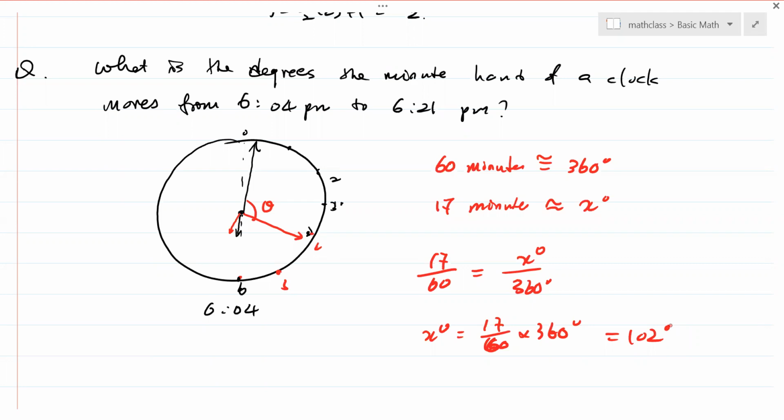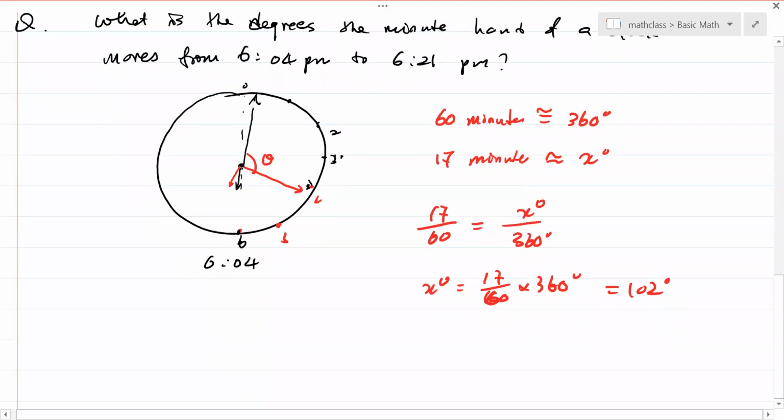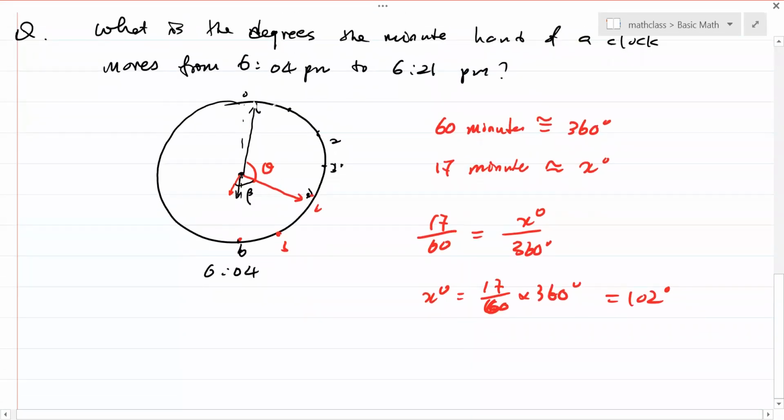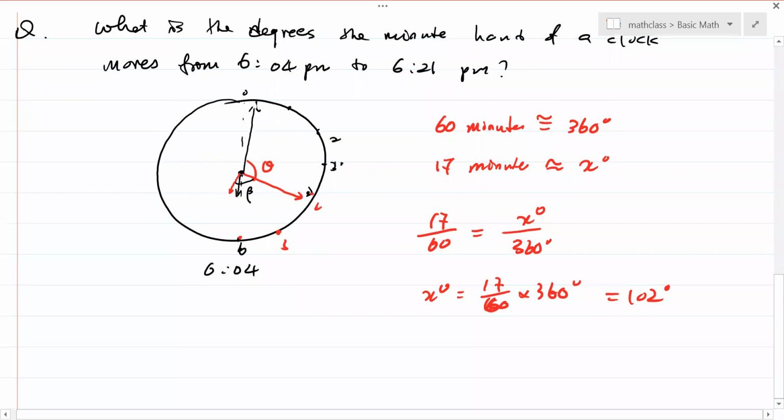This is a topic from advanced math class, so I just give you some idea what advanced mathematics means. If you have time, you can try. This is called a proportion problem. First of all you have to figure out 60 minutes equals how many degrees.